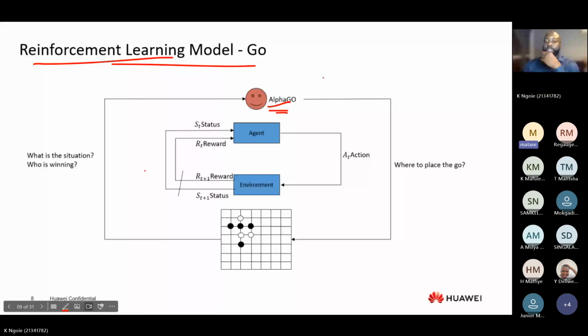Is it not a program that plays the board game Go? Nope. Anybody else remember what AlphaGo is?